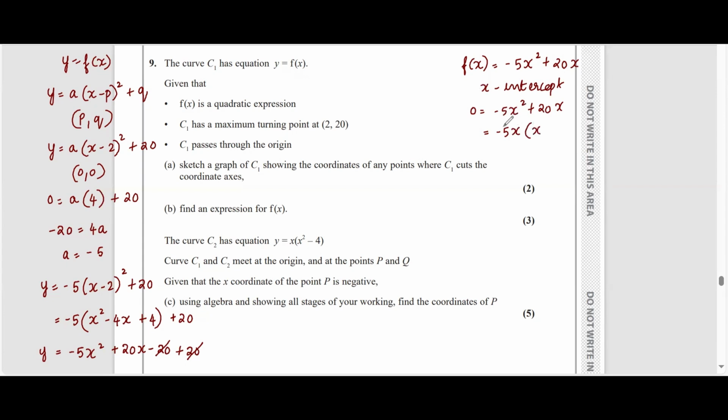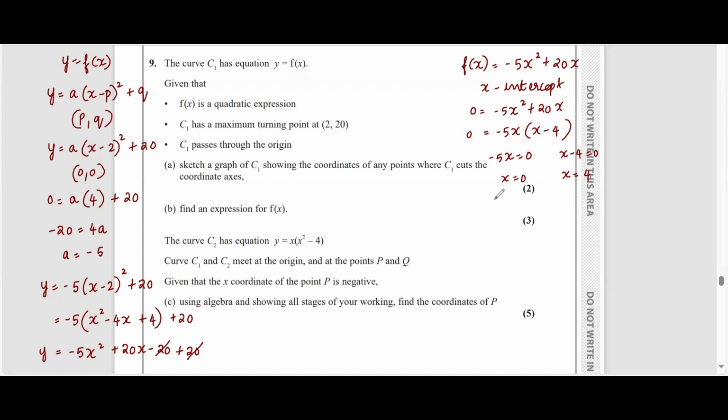We have x minus 4, since minus 5 into minus 4 is plus 20. So when we factorize this, we get minus 5x into (x minus 4). Equate them separately to get the x-intercept. So minus 5x is equal to 0 and x minus 4 is equal to 0. Therefore, x is equal to 0 and x is equal to 4.